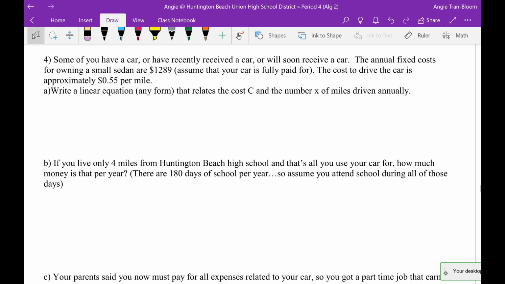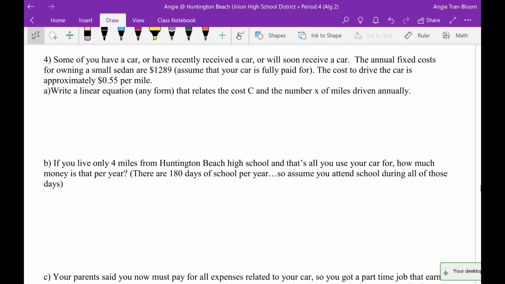So in addition to $1,289, the cost to drive the car is also added 0.55 cents for every mile. Question A says, write a linear equation, any form you choose, and you have to use these variables right here, that relates to cost C and the number of miles X driven annually.